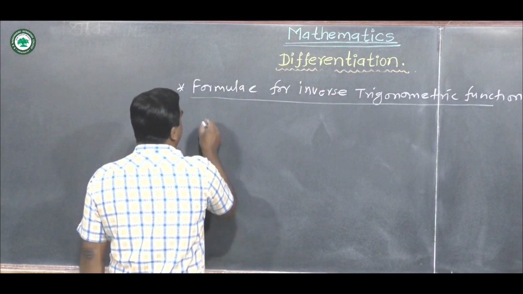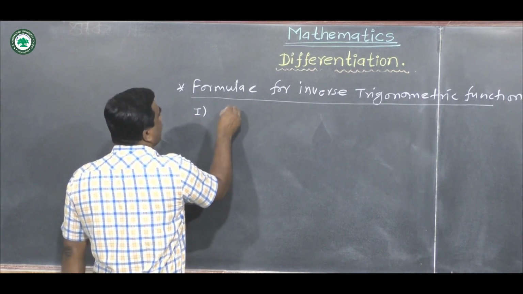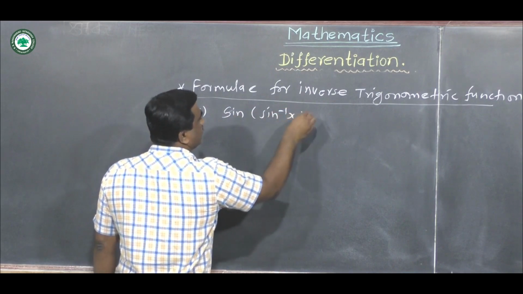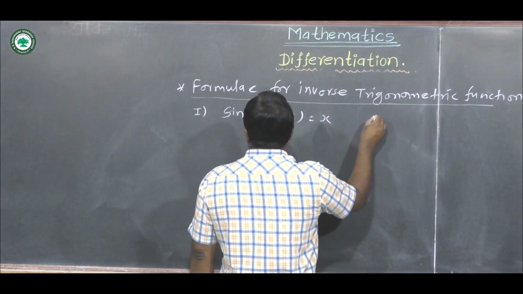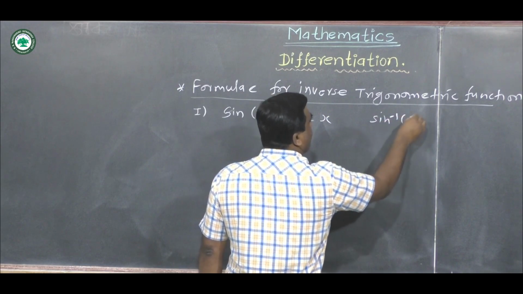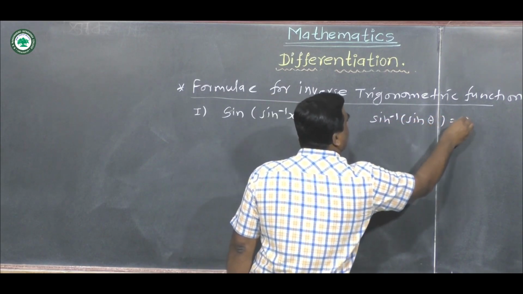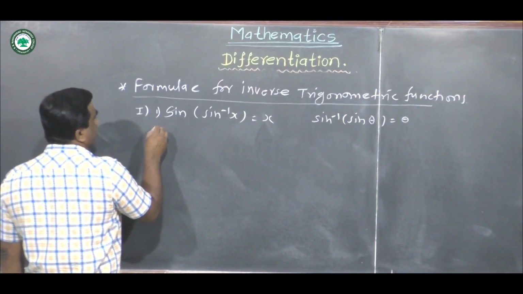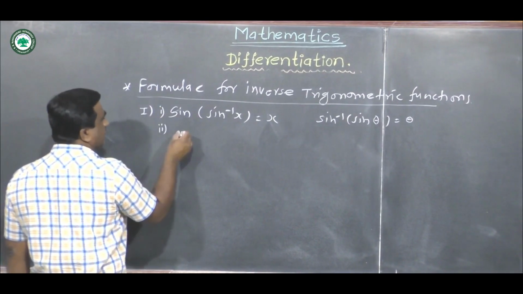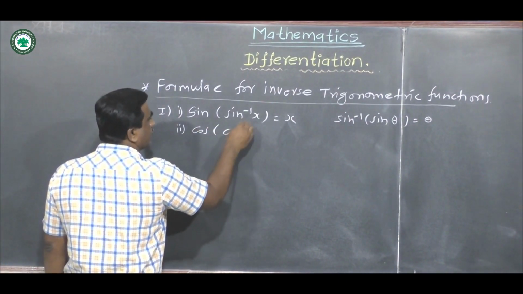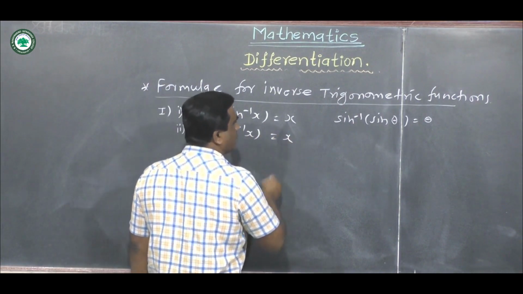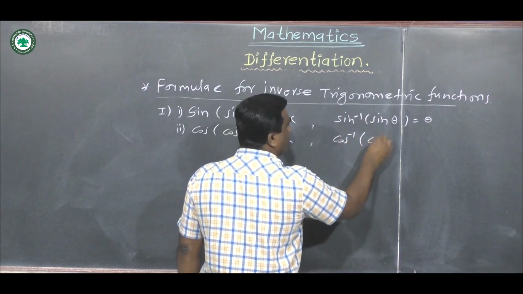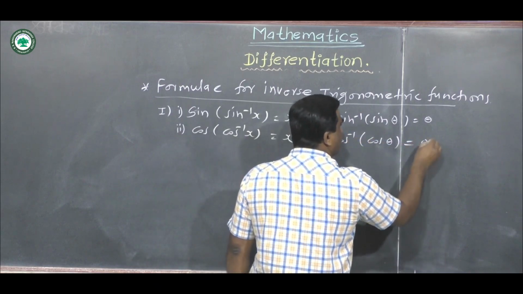You know that, number first point, sine of sine inverse x is equal to x, and sine inverse of sine theta is equal to theta. Number second, cos of cos inverse x is equal to x, and cos inverse of cos theta is equal to theta.